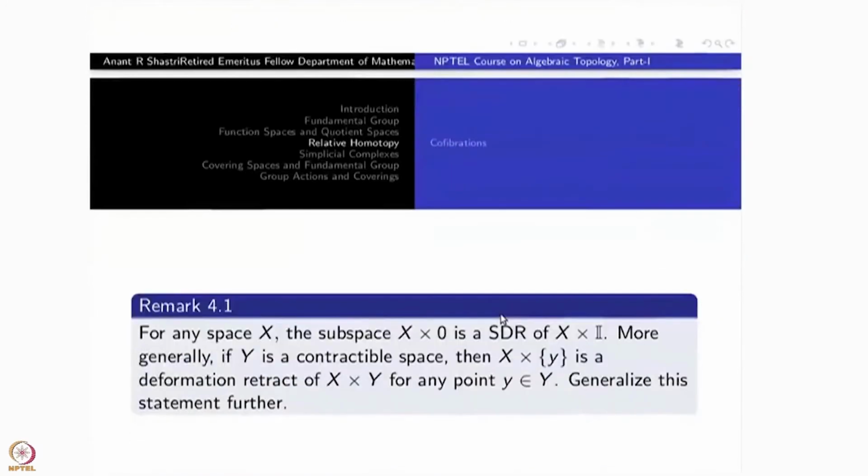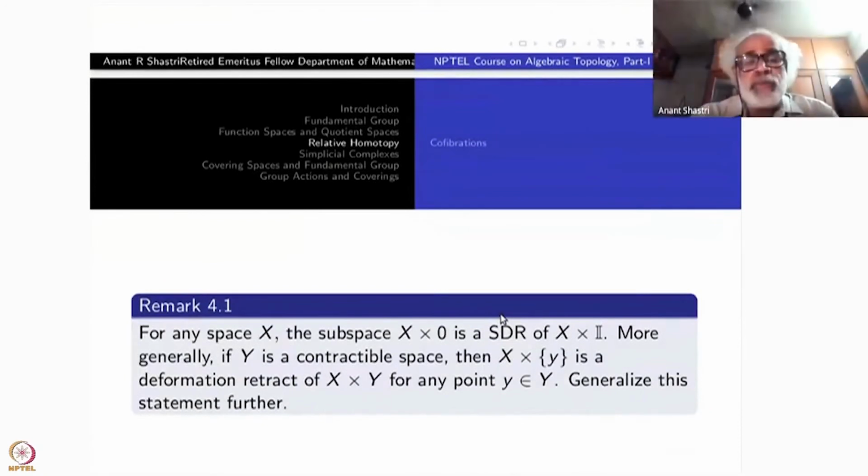Another remark here: for any space X, the subspace X cross 0 is a strong deformation retract of X cross I, along these intervals. For each point, I can just push the whole X cross I to X cross 0. There is nothing special about X cross 0 either.